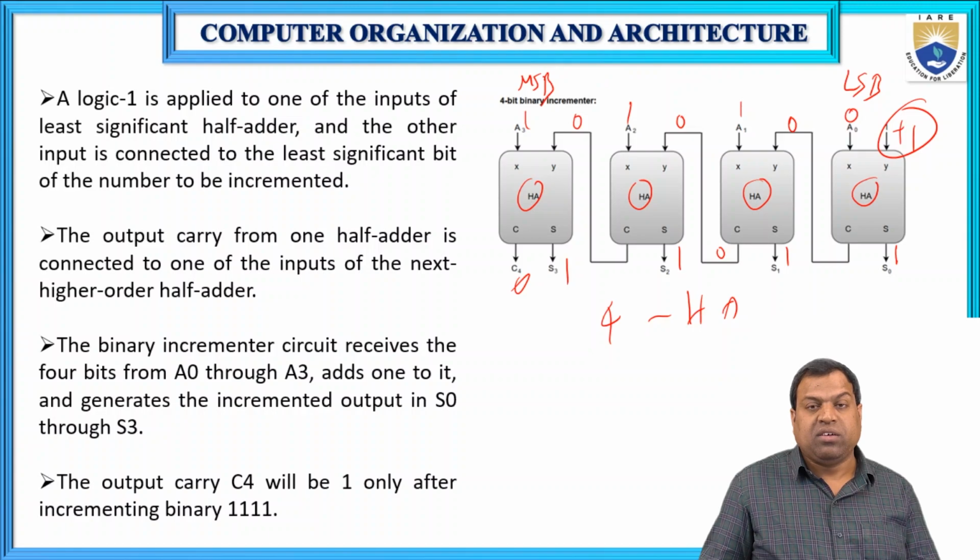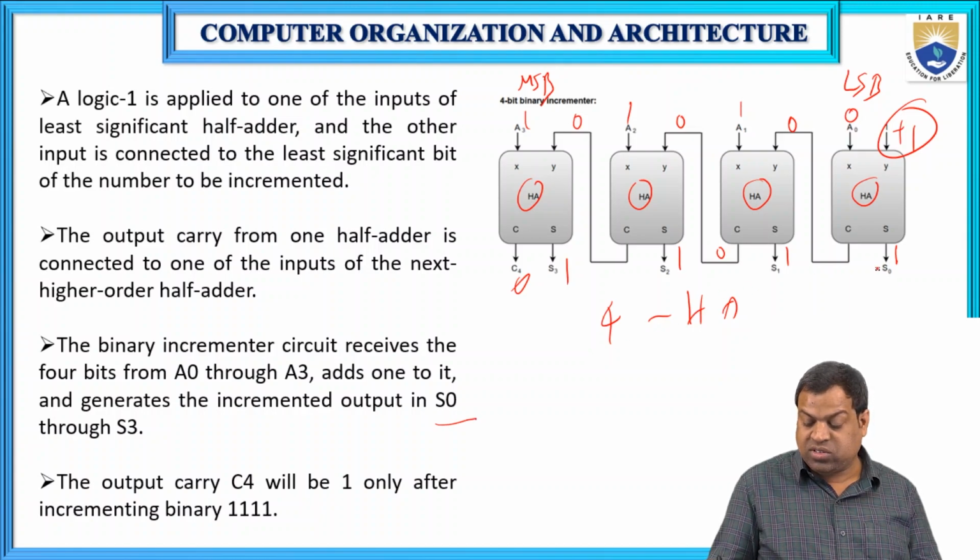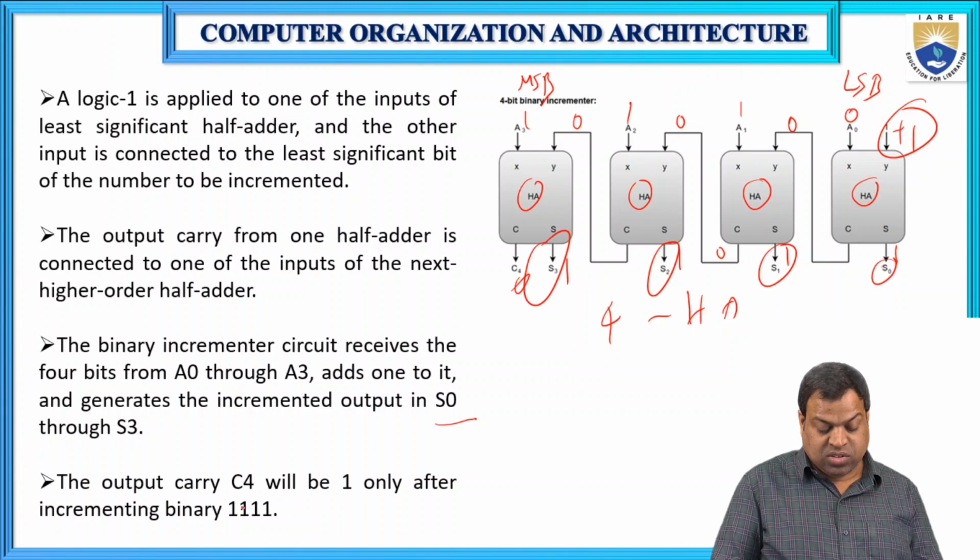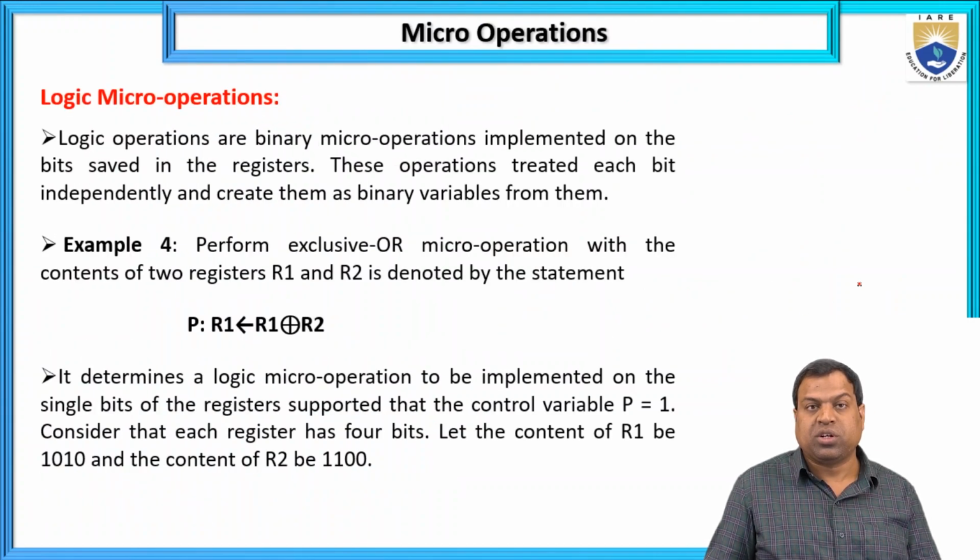The output carry from one half adder is connected to one of the inputs of the next higher order half adder. The binary incrementer circuit receives the 4 bits A0 through A3, adds one to it, and generates the incremented output S0 to S3. The output carry C4 will be 1 only after incrementing 1, 1, 1, 1.